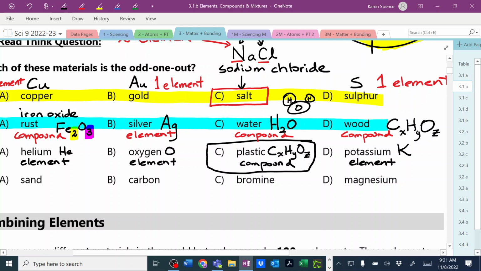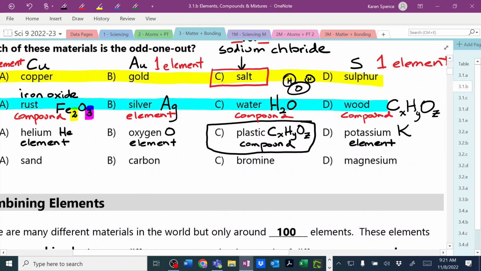All right. Sand, carbon, bromine, magnesium. Who's the odd one out? Sand. Okay, because you know that carbon is just C, that is an element.